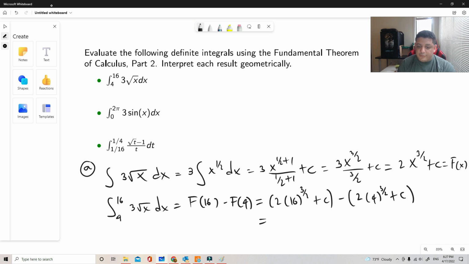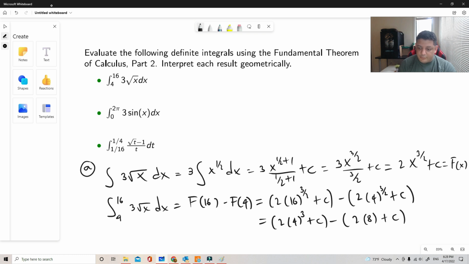Simplifying these values, this is 2 times, the square root of 16 is 4, so 4 to the 3, plus c, and minus, the square root of 4 is 2, and 2 to the 3 is 8.